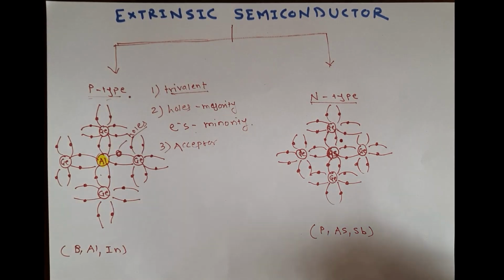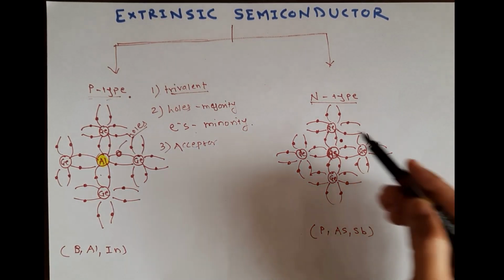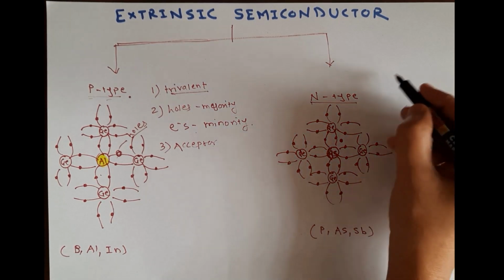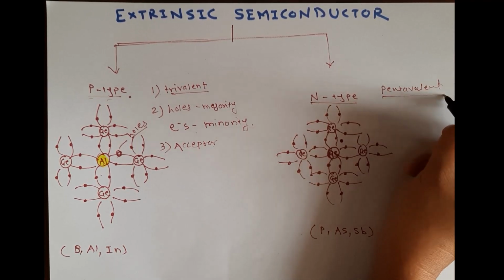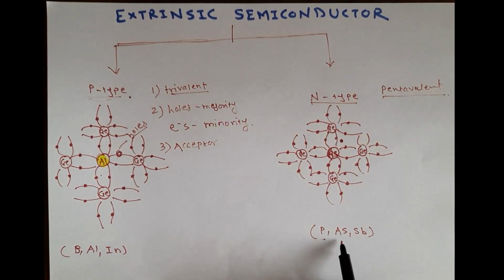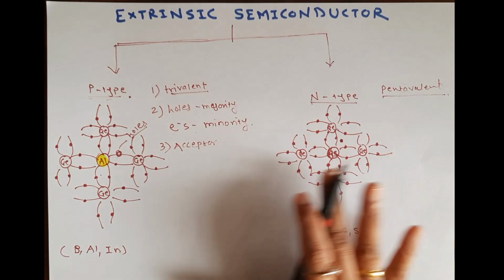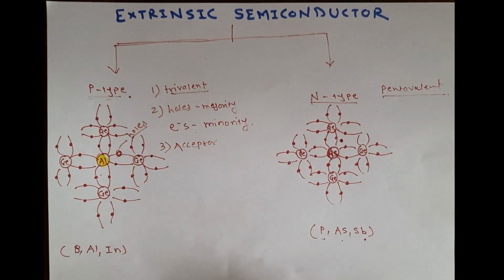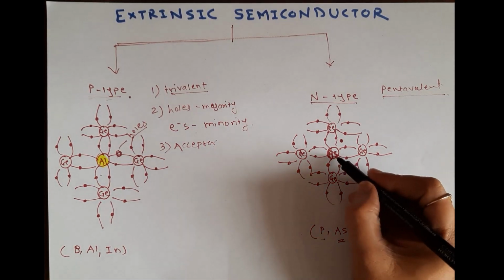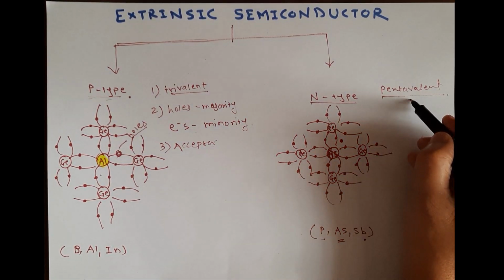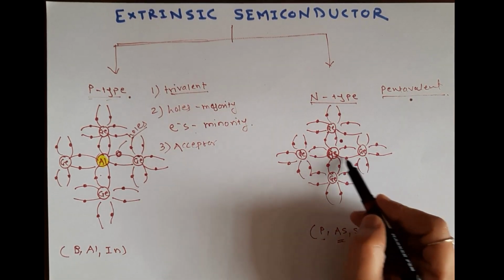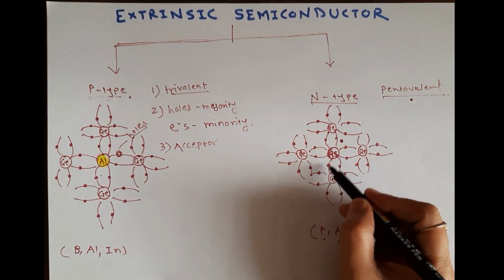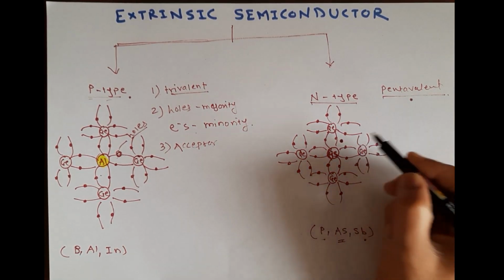Now we will discuss the n-type semiconductor. In this case, we have to add a pentavalent impurity, and the pentavalent impurities are phosphorus, arsenic, antimony, etc. When in the pure semiconductor we dope the arsenic impurity, which has 5 valence electrons, it makes 4 covalent bonds with the neighboring germanium atoms, and 1 electron is free.